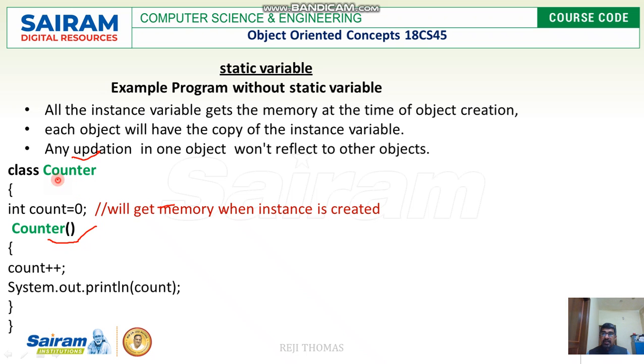Look at this, the class name and the method name are the same. Whenever the class name and method name are the same, you should remember that it's a constructor, and there I'm going to increment the count by 1. Before it was 0, now I'll increment it. In the next line I'll be printing its value. So I've just created a class. In the class there is a constructor and there is a data member.